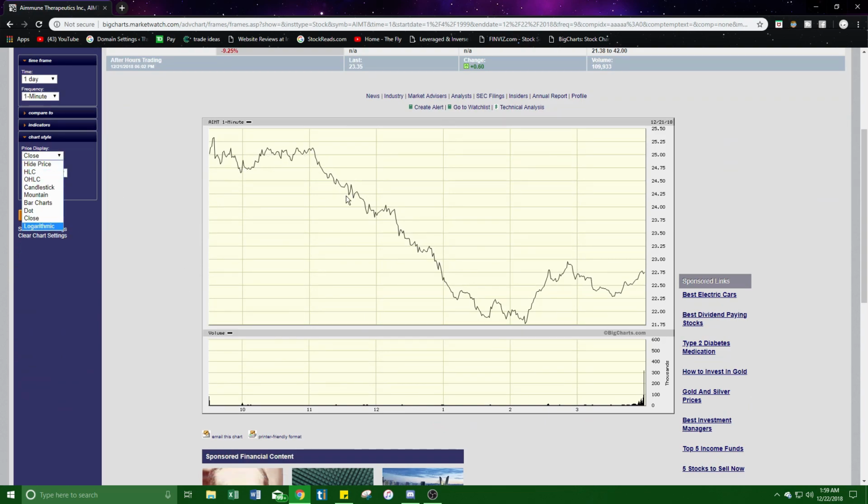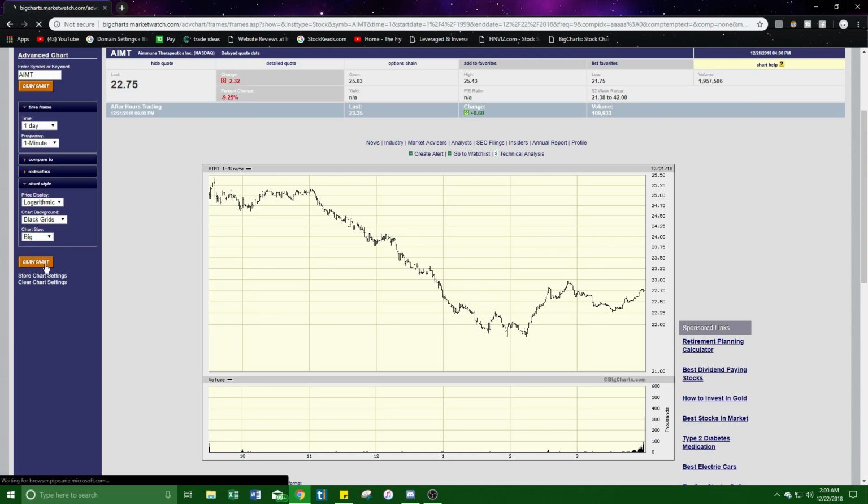Close chart with a line chart, depending on what time frame you're looking at, every minute it's going to draw a little line at the closing price. That's it, just the close.